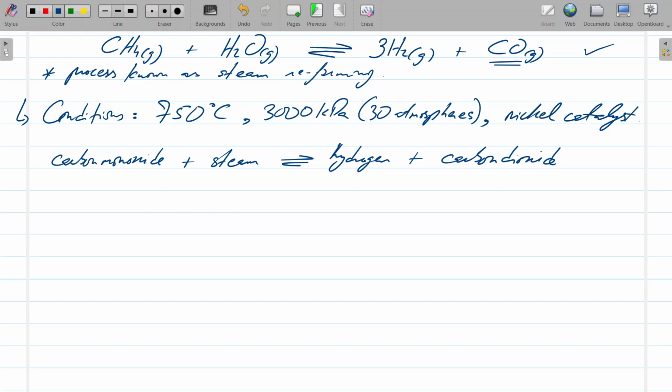This is what it looks like. You've got CO2, CO, which is a gas, and H2O, also a gas, giving you hydrogen gas and carbon dioxide gas.